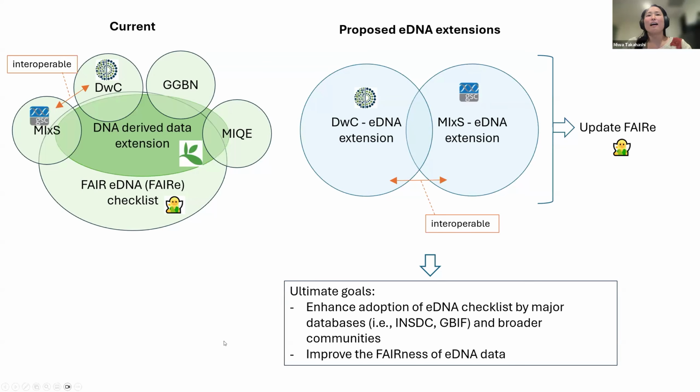The ultimate goal is to have this eDNA checklist extension under Darwin Core and under Tadwick and GSC, so that we can enhance the adoption of this checklist by major databases such as INSDC and GBIF who take eDNA data, and also broader communities, including eDNA labs and institutions. In that way, we can also improve the FAIRness of the eDNA data.